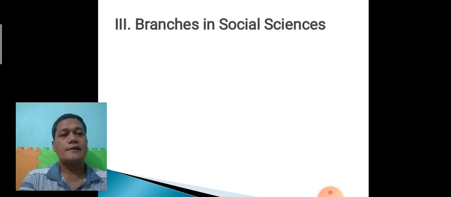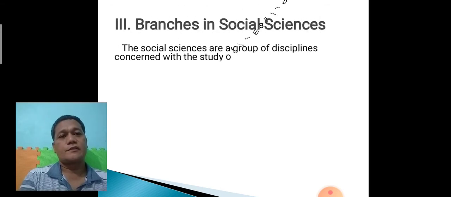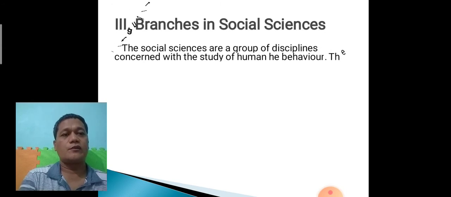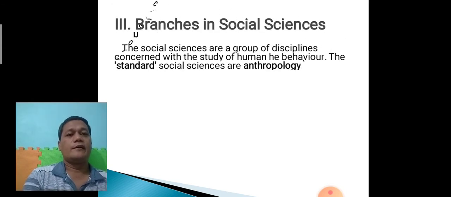Another is the branches. Ito na yung basic explanation, okay, about the social sciences. So, sabi diyan, the social sciences are a group of disciplines concerned with the study of human behavior. Okay?